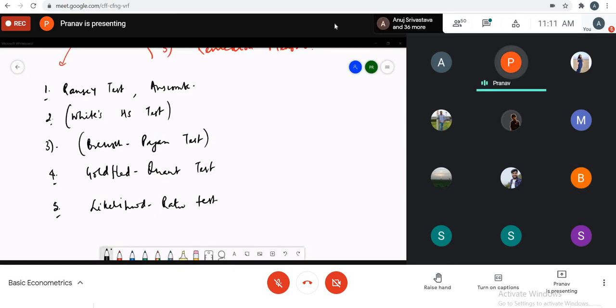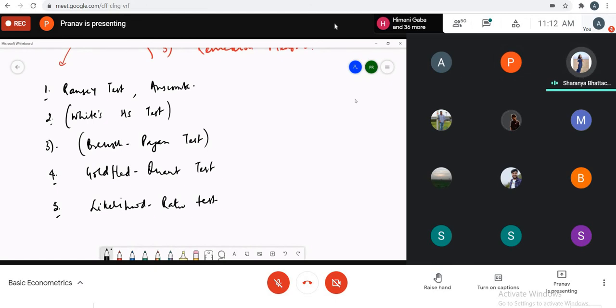Okay, Sharanya, what is Goldfeld-Quandt test, if you recollect something from your undergrad days? So that's what I'm trying to recollect. I think we had to rank the observations from beginning to lowest, then omit a few observations and run separate OLS regressions for some observations after splitting them, and then we had to find the F value.